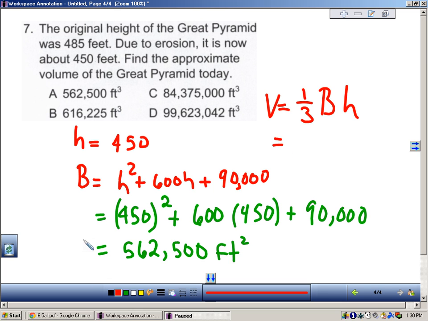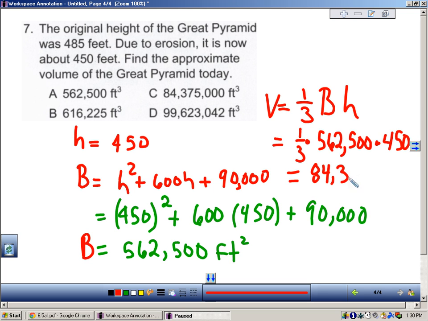So this is what B is here. Got it? Okay, good. And that's multiplied by 450. Multiplying this out, then dividing by 3, the answer I get is 84,375,000 cubic feet. So I was fighting for space, but that's my answer.